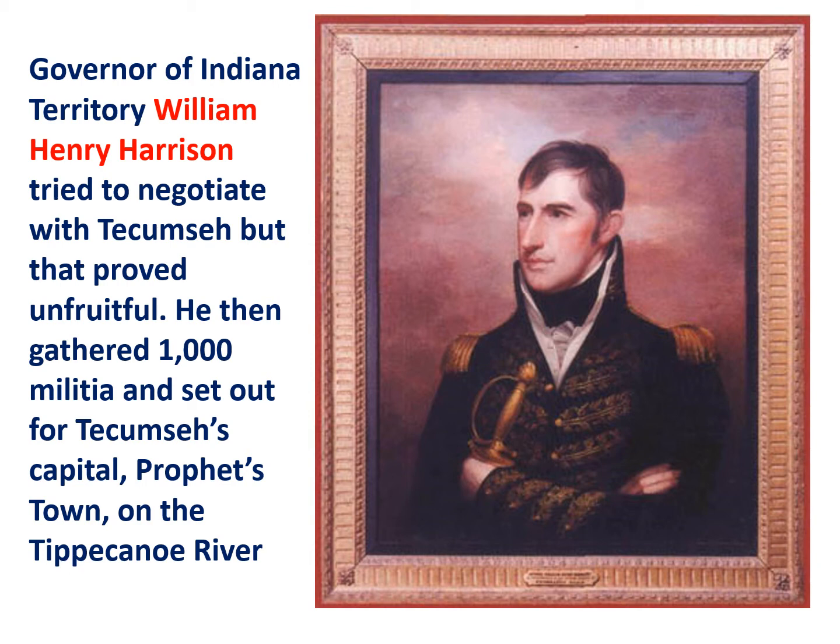Obviously, he had some high opinion of Tecumseh, but those negotiations were unfruitful, and therefore he decided to gather a force of about 1,000 militia and set about to attack Tecumseh's capital, which was known as Prophetstown on the Tippecanoe River. That's in northern Indiana, real near the Canadian border.